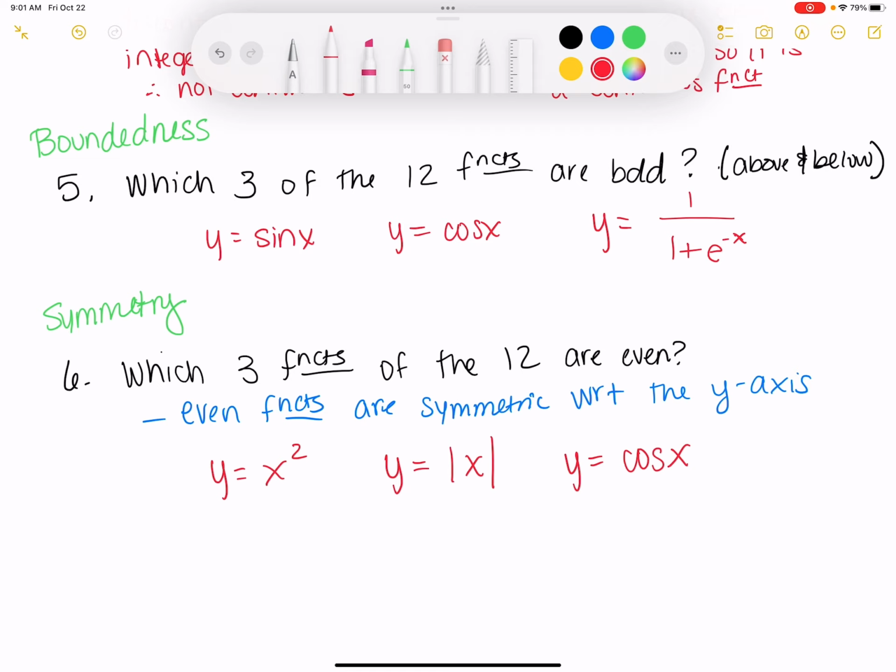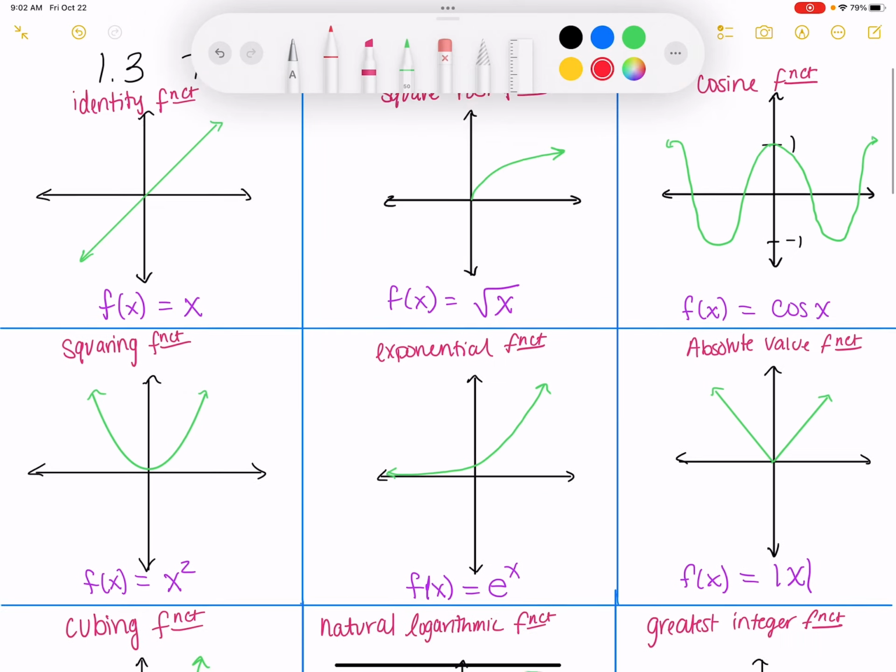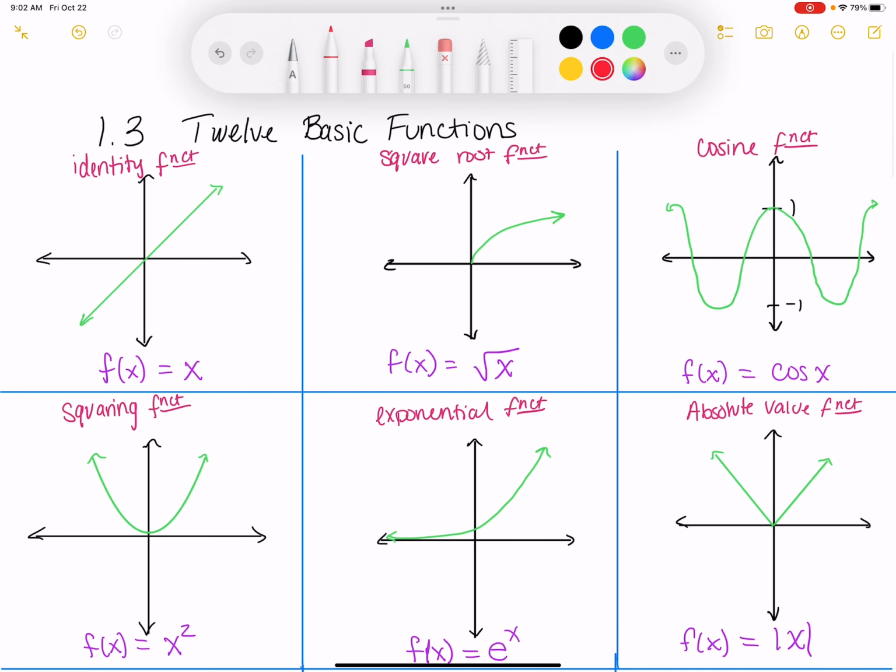I wanted the identity function to be symmetric. F of x equals x, with the negative function. Why wouldn't that one work? Because if you take this and flip it over the y-axis, it's going to do this.